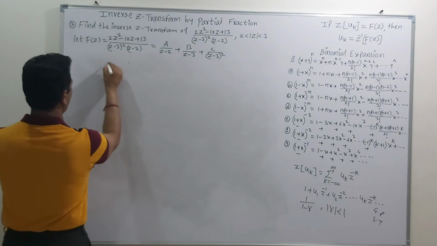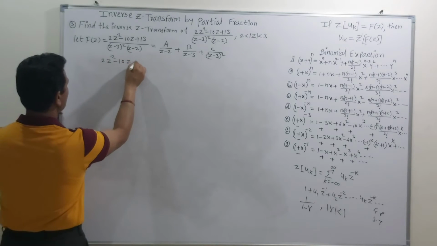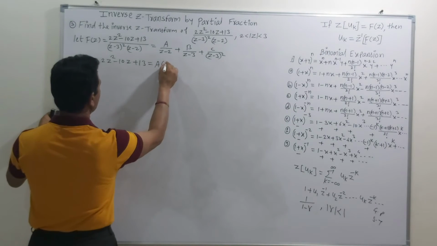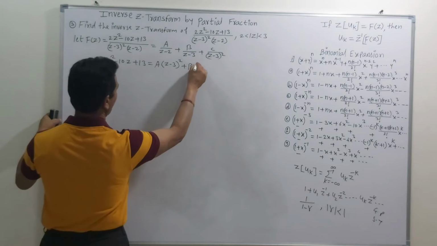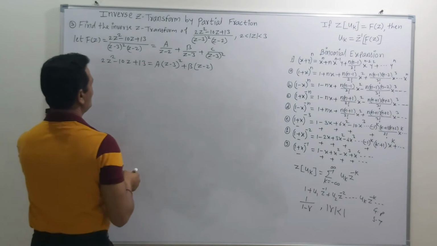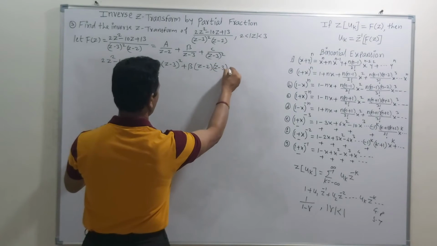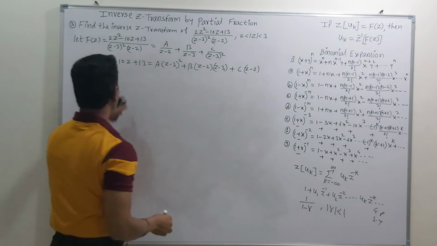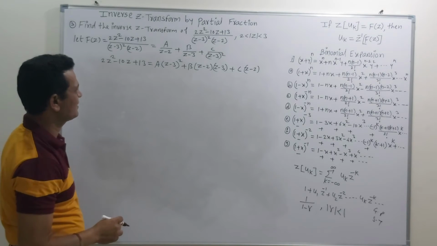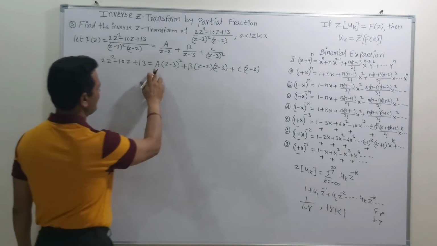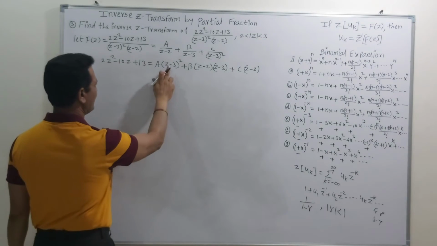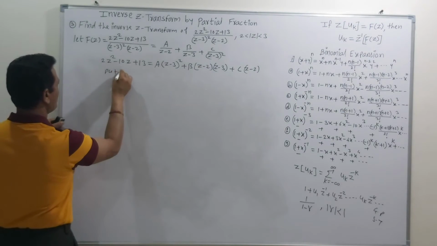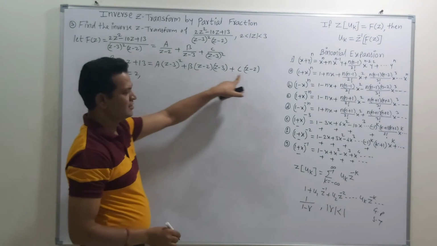Taking the denominator to the other side, we get 2z² - 10z + 13 = A(z - 3)² + B(z - 2)(z - 3) + C(z - 2). Now to find the constants, first find A. Since z - 2 is present in two terms, put z = 2, so those terms become 0.